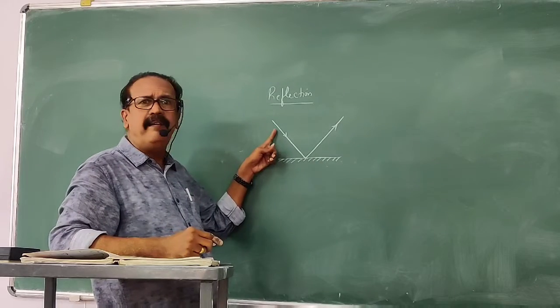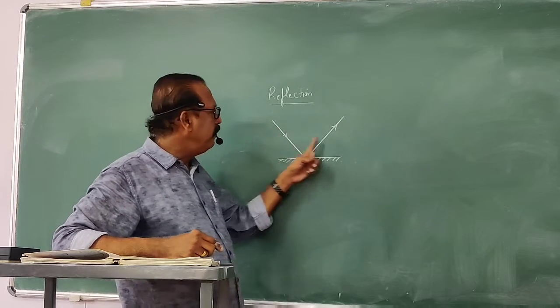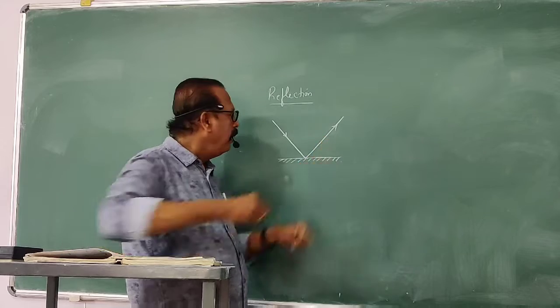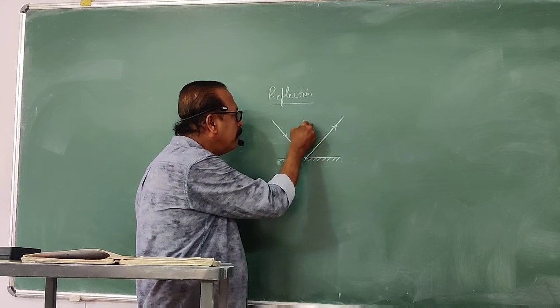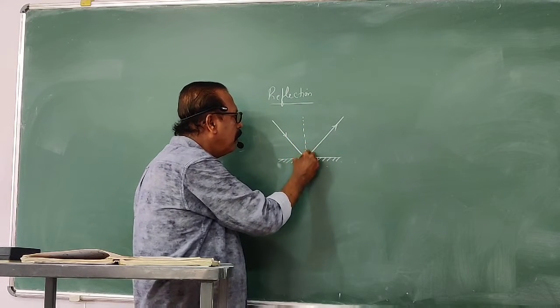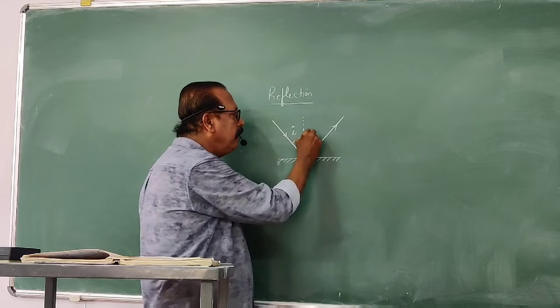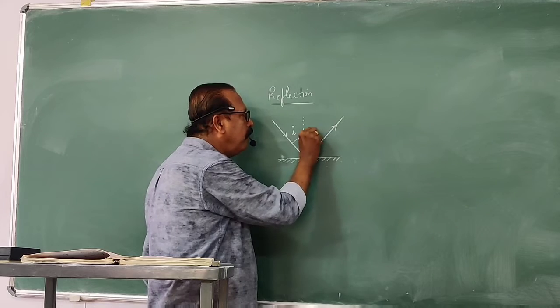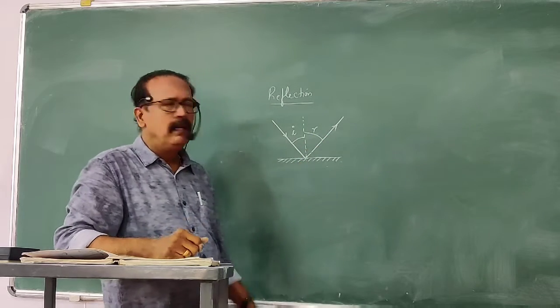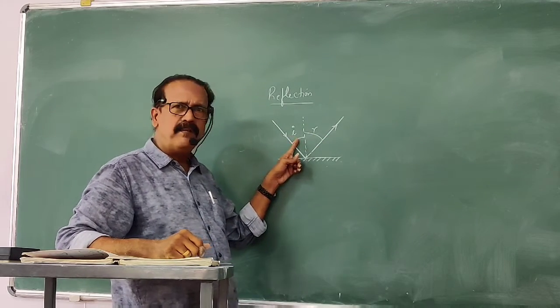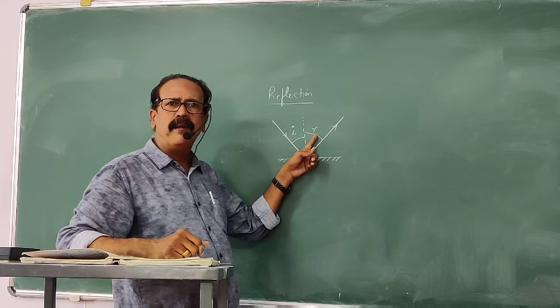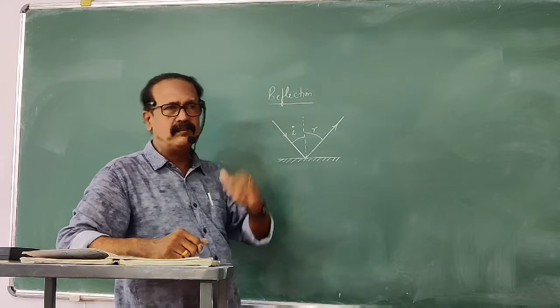This is called the incident ray. This is the reflected ray. If I draw a normal here, this angle is called the angle of incidence I, and this angle is called the angle of reflection R. This is the property called reflection.